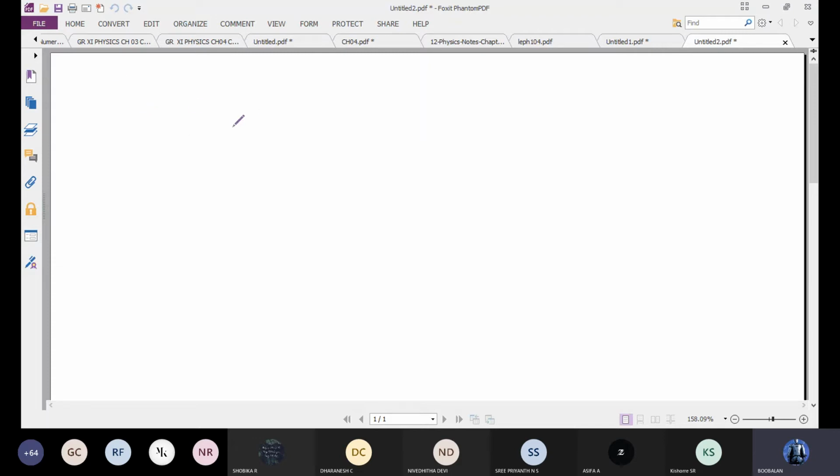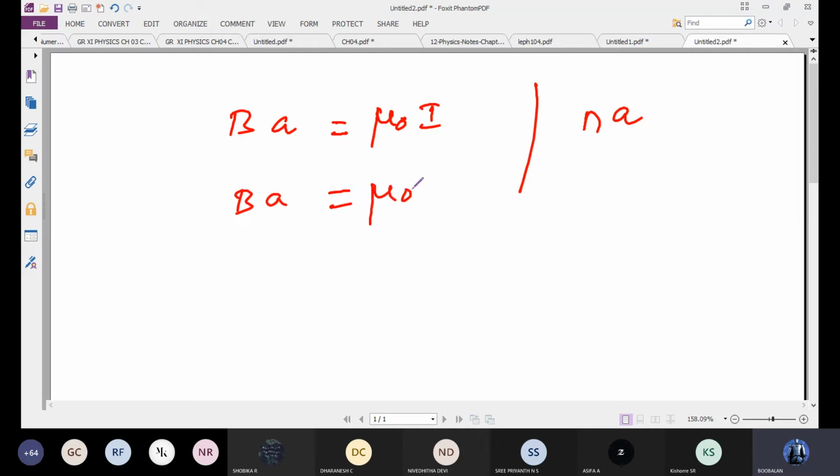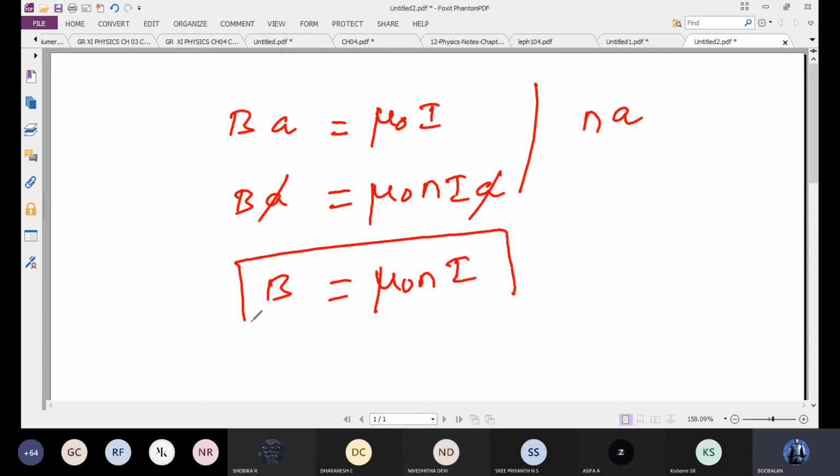Listen, B A equals mu naught I. Now the number of turns in the length A is N, so I multiply with N into A. So B A equals mu naught N I A. The A cancels. B, the magnetic field, equals mu naught N I. So based on these equations, you should understand the magnetic field of a solenoid.